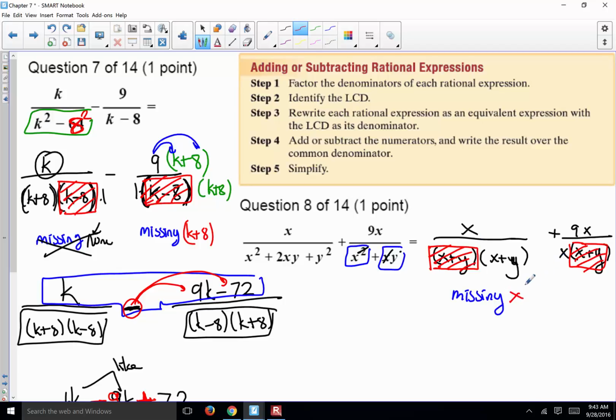This one is missing an x, so it comes here. And what is missing on this side? Missing x plus y, the entire x plus y. So I will put x to both sides here and x plus y to both sides here. I'm out of screen a little bit, but I will add it right next to here, okay?